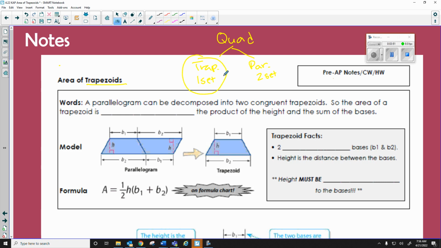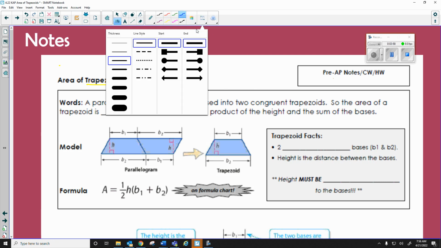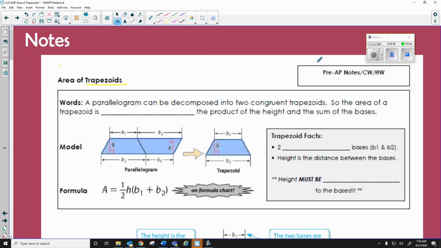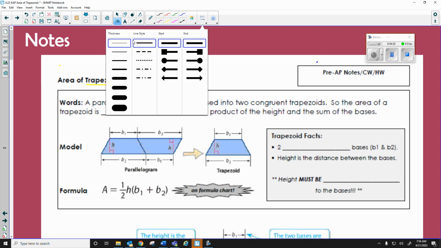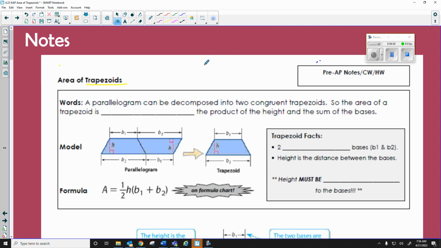So we're focusing on trapezoids today. Of course, you'll always have your trusty dusty star chart for your formula. I'm just going to do a quick chat about how they got the formula, and hopefully you can make those connections to the parallelograms from yesterday.